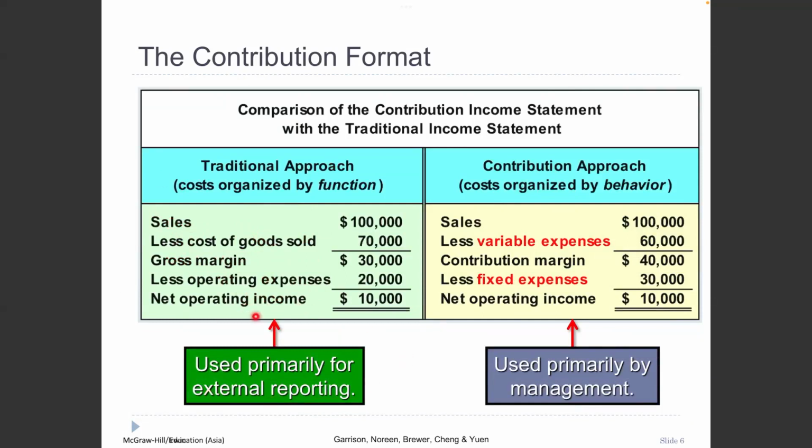This will be used for external reporting for the external users. So the contribution approach here will be used internally, therefore it will be used by the management. Sales minus variable expenses, you get contribution margin instead of gross margin, minus fixed expenses, so you will get net operating income as well.